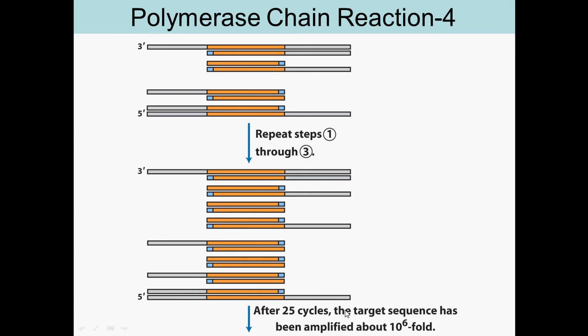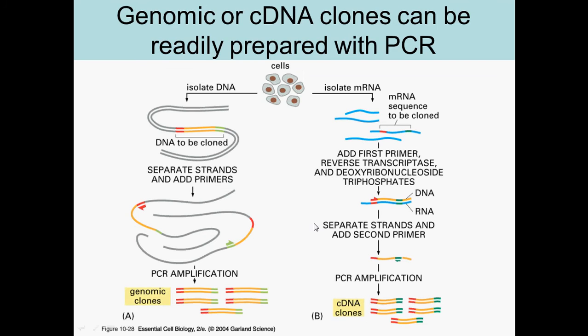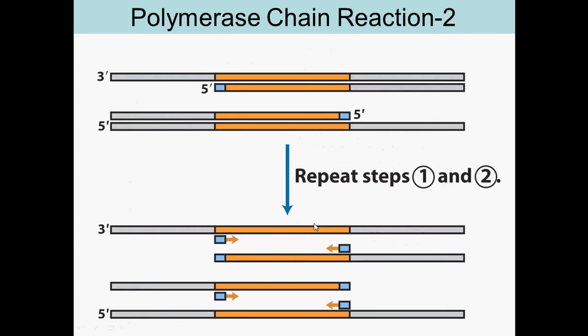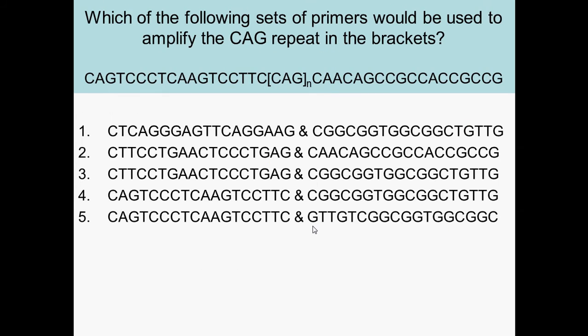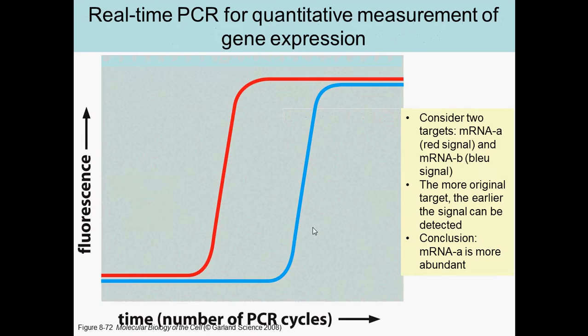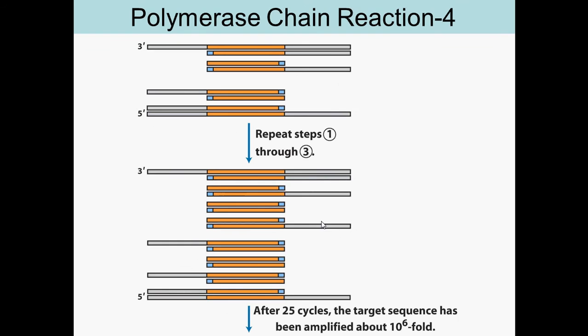So the target sequence will be amplified 10 to the 6 fold. So it's going to be a lot more. And if you understand this part, you should be able to understand this question over here. We'll come back to that question later.